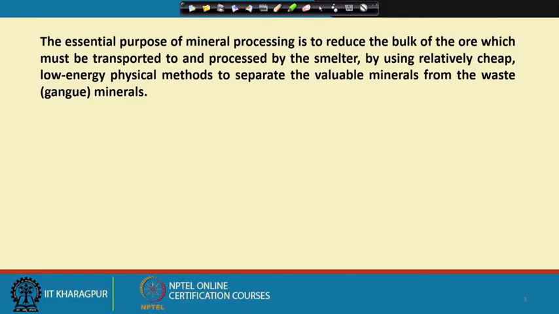And what happens? Unnecessarily you are transporting the garbage from a remote place to a far distance where the smelting plant is located, and as I said, where you have good infrastructure, that means close to your urban areas.